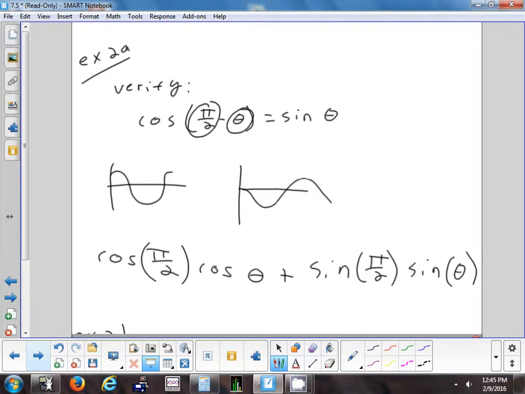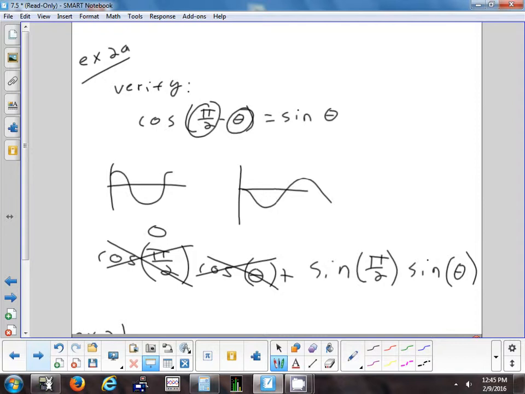Now you can use these graphs to help you. When we're at pi over 2, what's the cosine of pi over 2? 0. That becomes 0. And what's 0 times cosine? 0. So this whole part just canceled out.